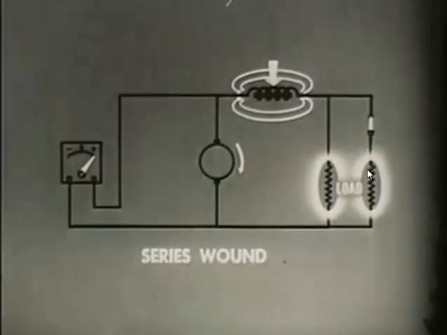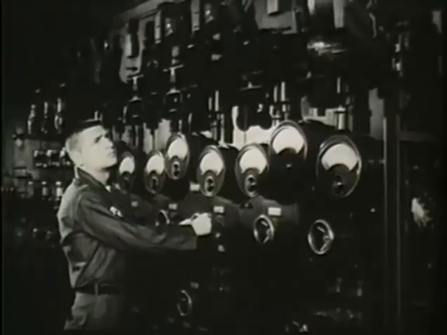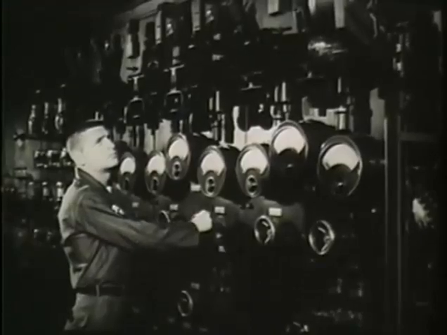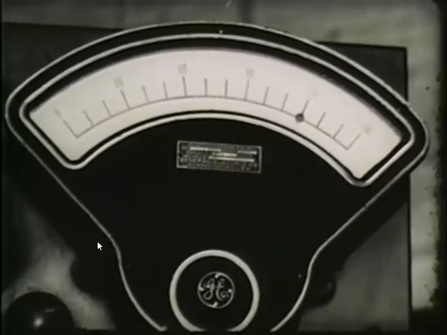Jadi tambah banyak beban, dia tambah ngotot. Karena apa? Magnetnya tambah kuat sehingga EMF yang dihasilkan semakin besar. Ini kalau yang di seri. When the load is increased, the voltage will increase. Kalau beban naik, maka voltasenya jadi naik juga.